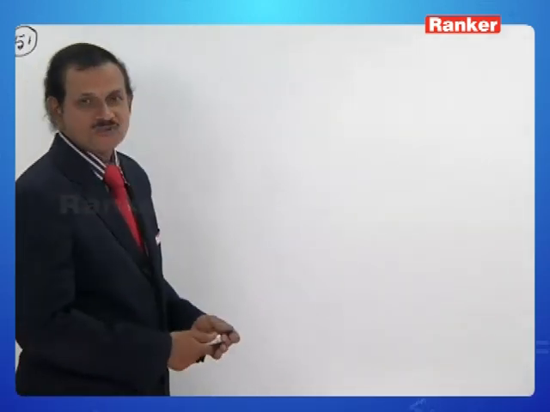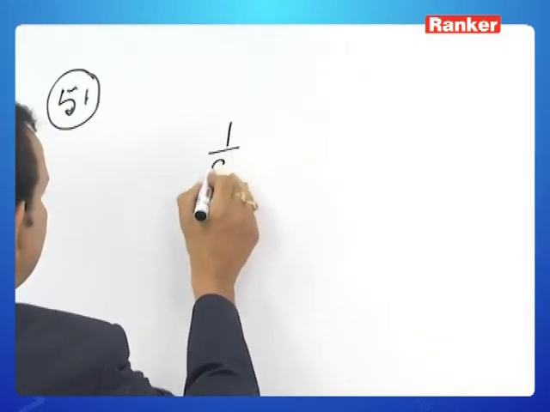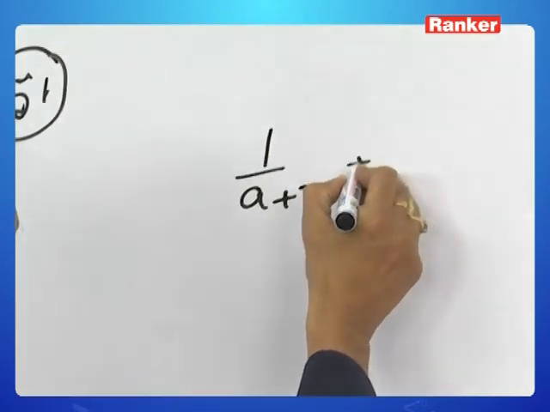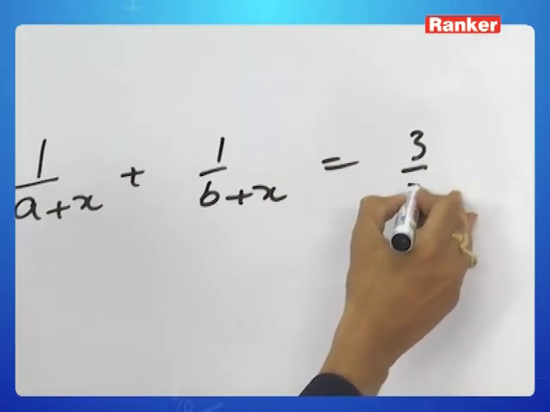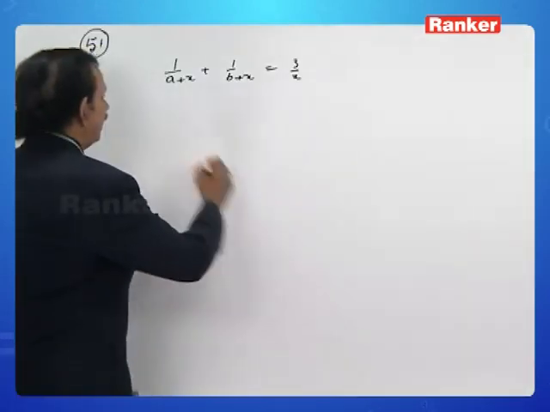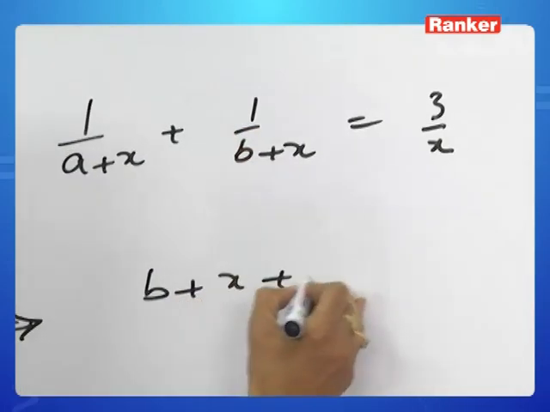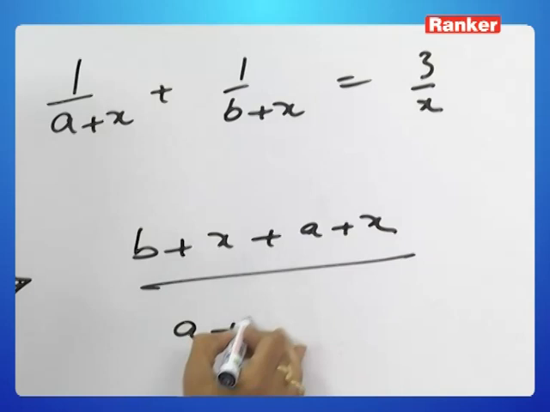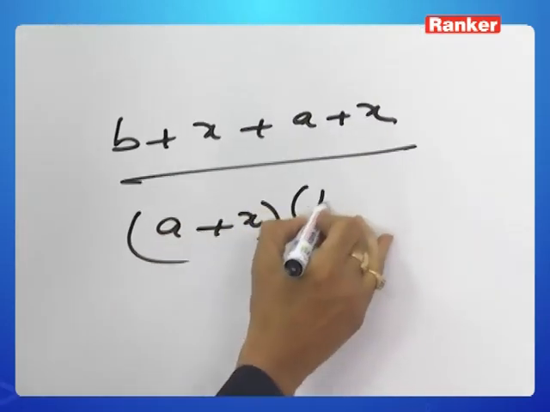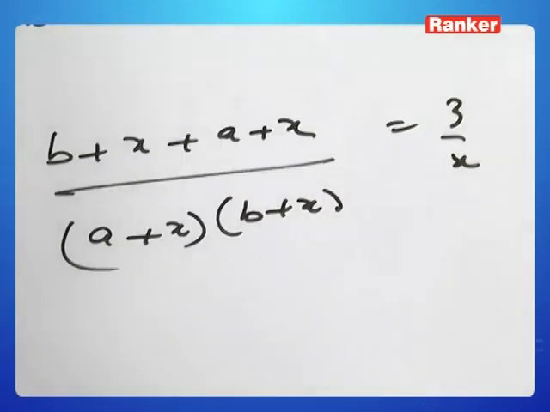What is the given equation, first of all? 1 by (a + x) plus 1 by (b + x) is equal to 3 by x, correct? Implies (b + x + a + x) by (a + x)(b + x) is equal to 3 by x.